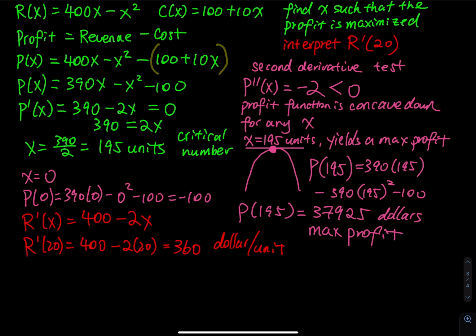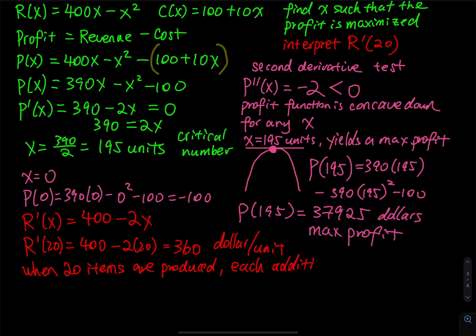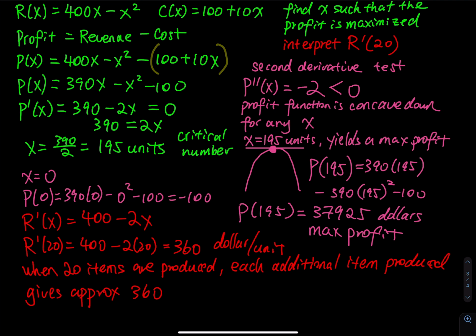That means when 20 items are produced, each additional item produced gives approximately $360 in additional revenue.